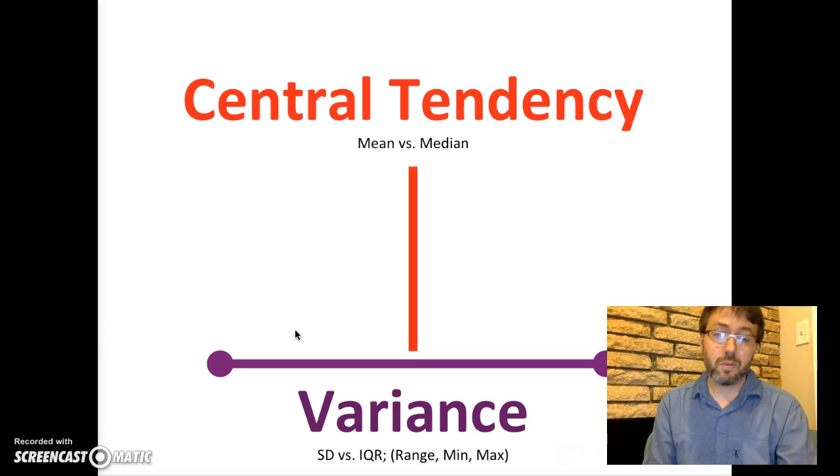Some standard measures that you'll see quite extensively in the literature are the standard deviation and the interquartile range, as well as the range of all data points from the lowest point to the absolute highest point, as well as the minimum and maximum. And so the difference between the minimum and the maximum gives you your range. Those numbers show you how the data points are distributed around the point of central tendency.